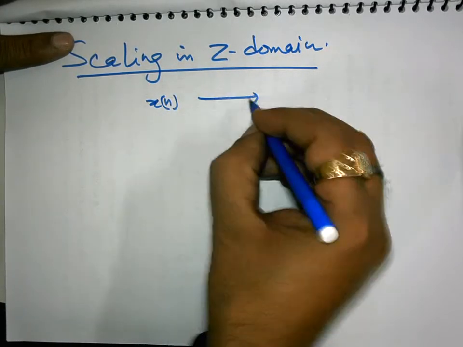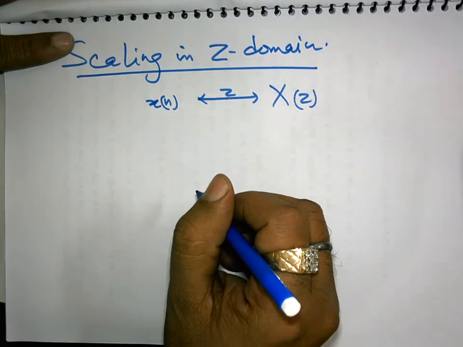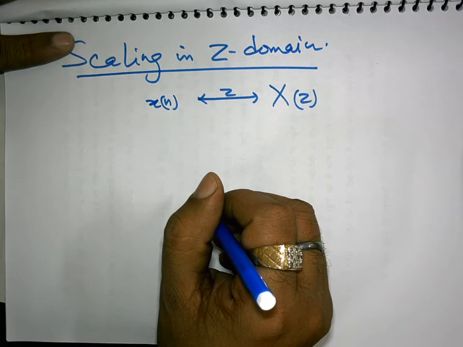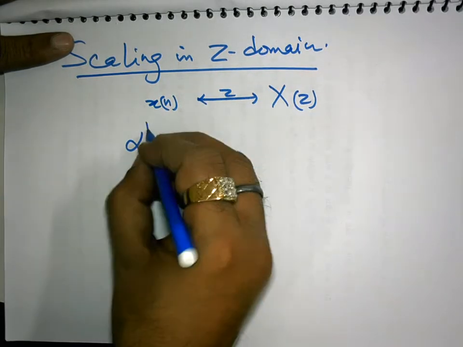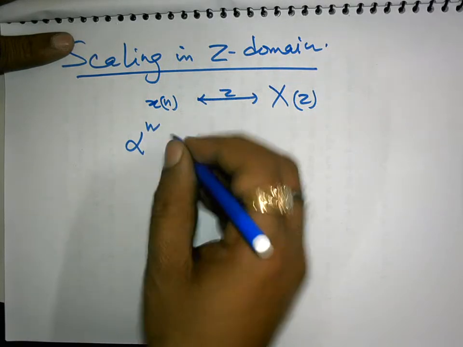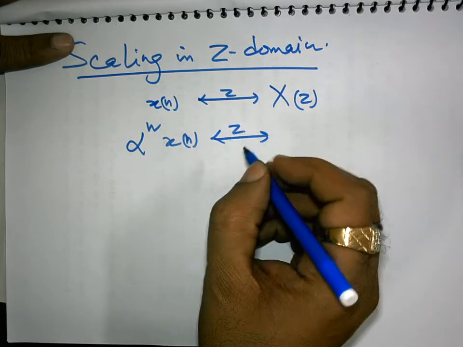Suppose the z transform of x(n) is X(z), then if this x(n) is multiplied by some scaling factor a to the power n, what will be the z transform of this?